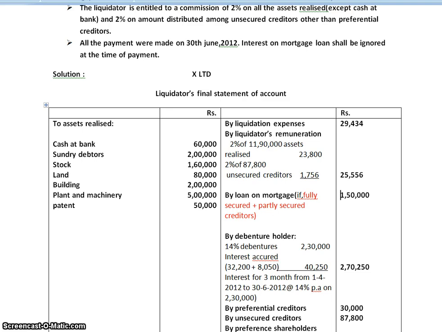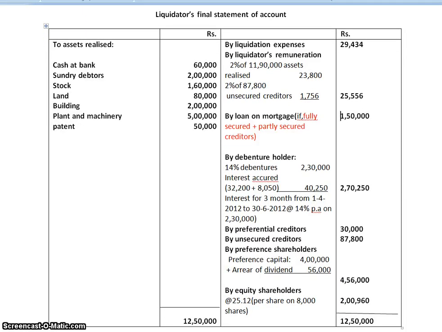Next we will pay the debenture holder. Debenture holder is also a fully secured creditor, but we will show it separately here. The amount to be paid to the debenture holder is 2 lakh 30,000 plus interest. For 1 year the interest amount is 32,200, which is given in the balance sheet. Plus this 8,050 represents interest for the 3 months from the date of balance sheet.